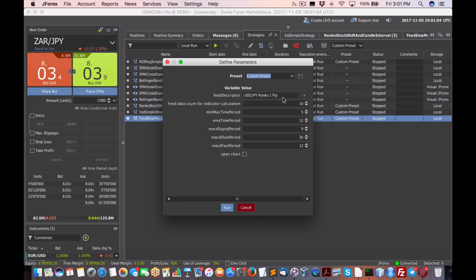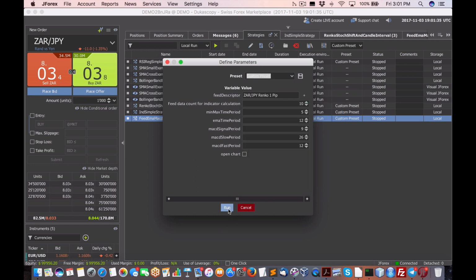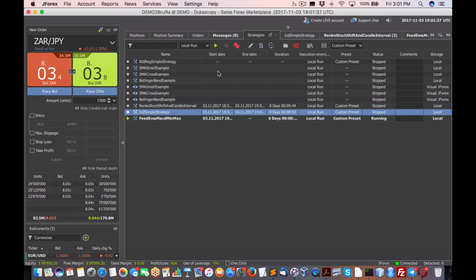Now we're going to do the rand against the... it's alphabetical, no. Okay, we'll find it. There we go. So that's the rand against the Japanese yen. Okay, run. Let's run this guy.